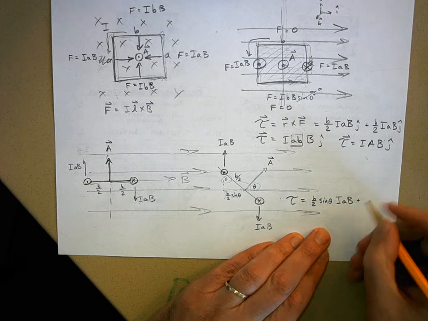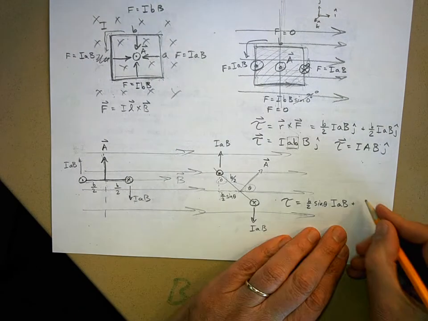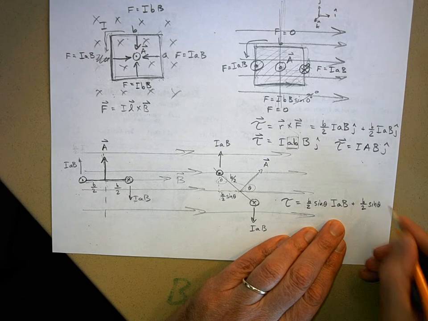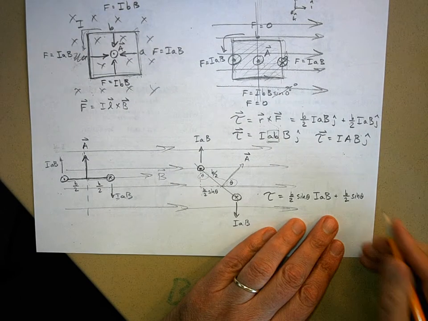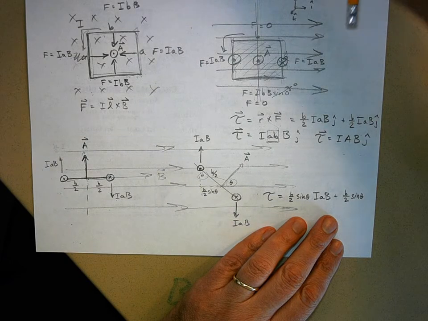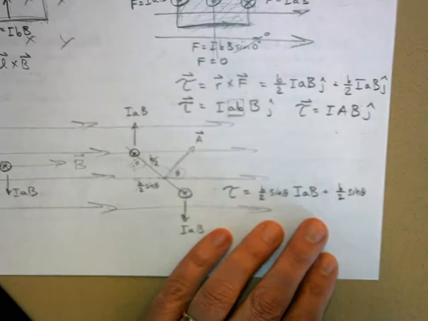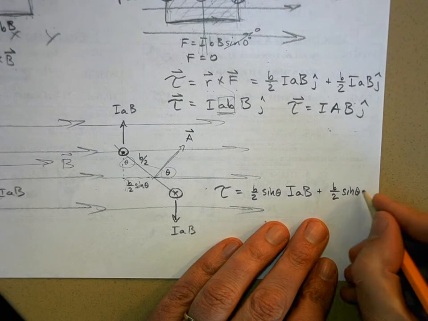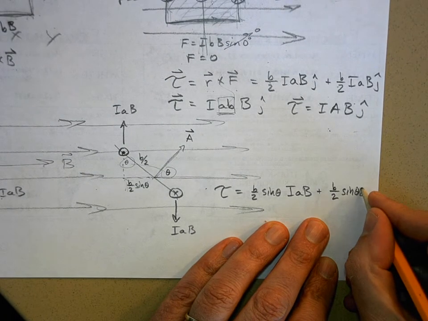This other one's going to have the same torque, B over 2 times sine theta. This is going to be IAB.